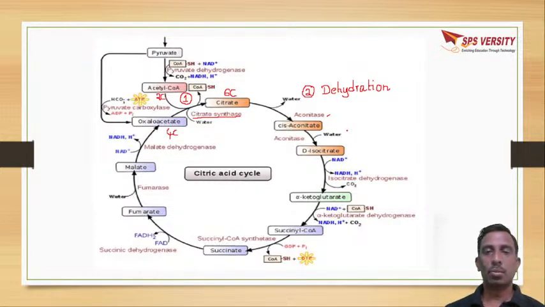This cis-aconitate, in the presence of aconitase, undergoes hydration. हाइड्रेशन के वास्ते क्या फॉर्म होता है कि आइसोसिट्रेट, it will form isocitrate. This is reaction number 3.